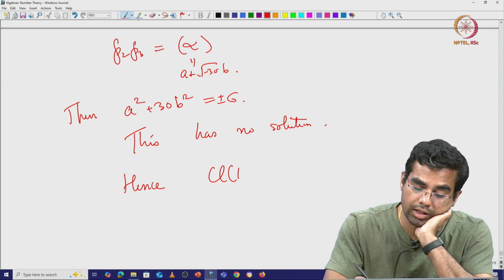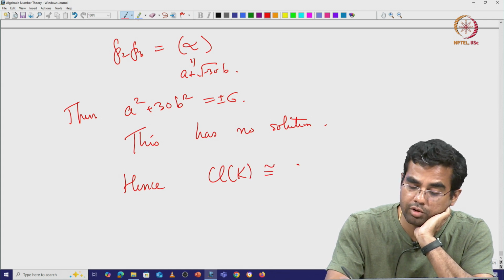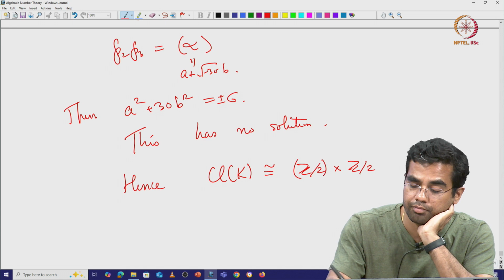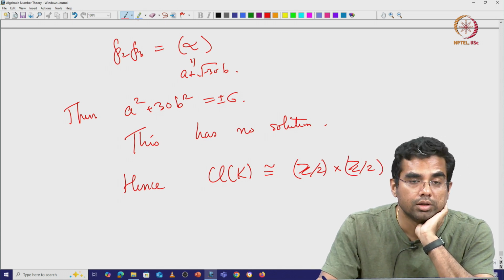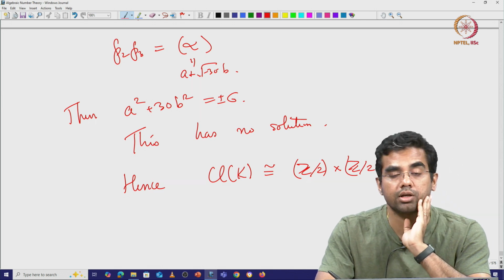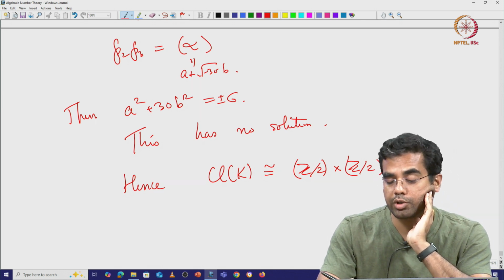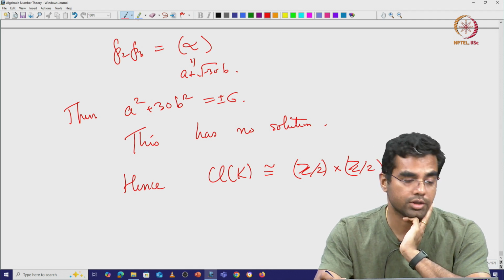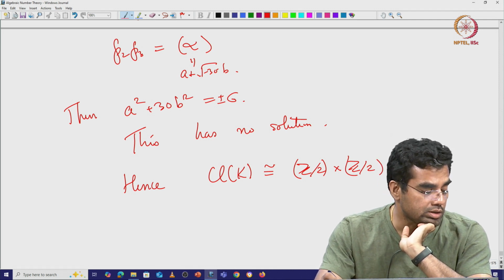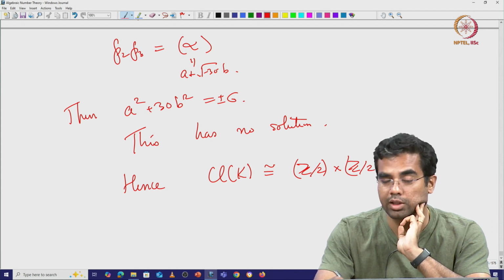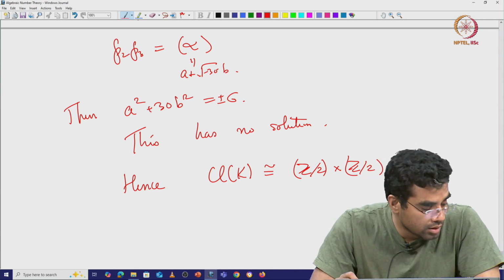So, hence the ideal class group of K is isomorphic to Z mod 2Z cross Z mod 2Z. Here we could take one copy to be generated by P2 and the other copy to be generated by P3, and then P5 corresponds to this 1 comma 1, for example. Okay.